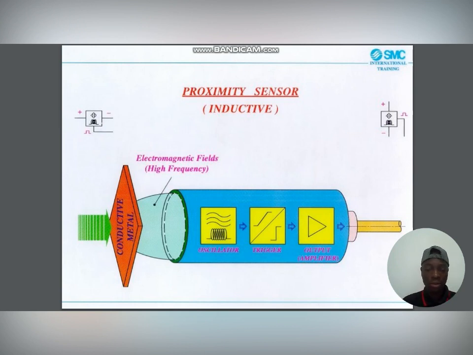So that's just the overview of how this sensor works.